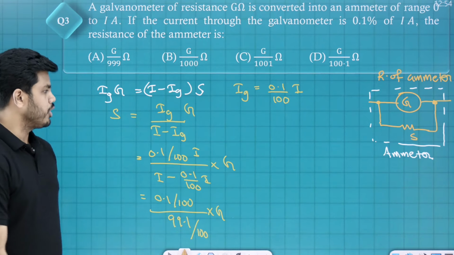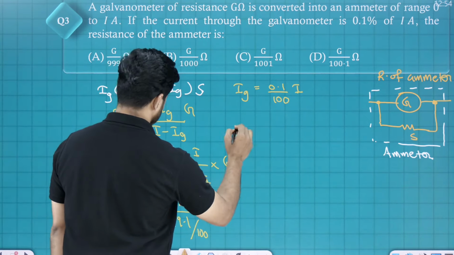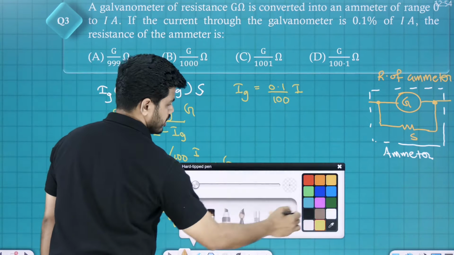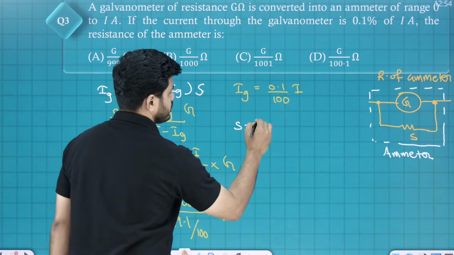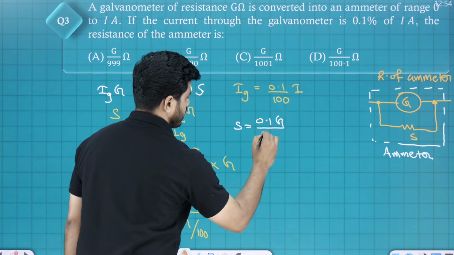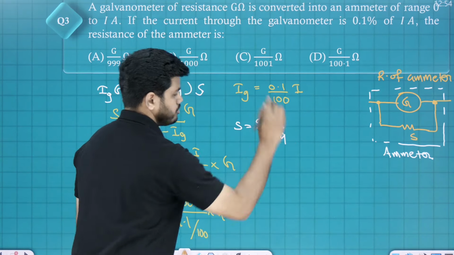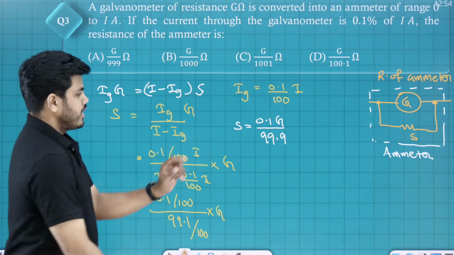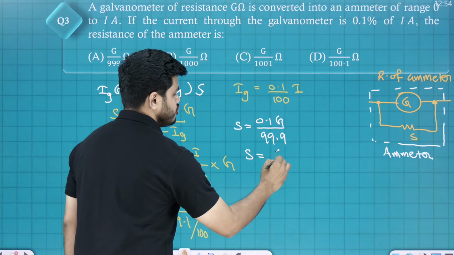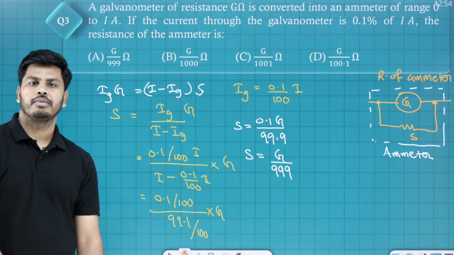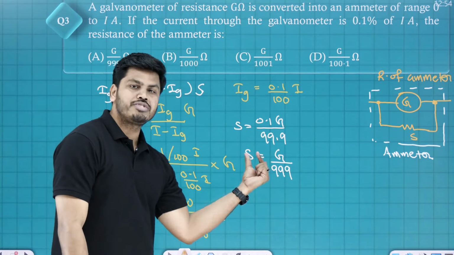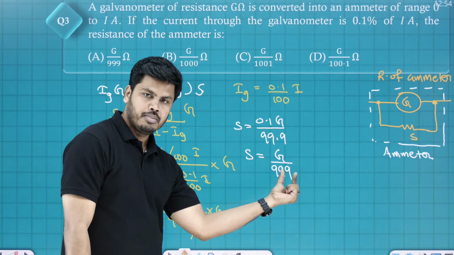We get 0.1 G divided by 99.9. Or we can write shunt resistance as G divided by 999. Okay, so this is the value of shunt resistance in terms of G.